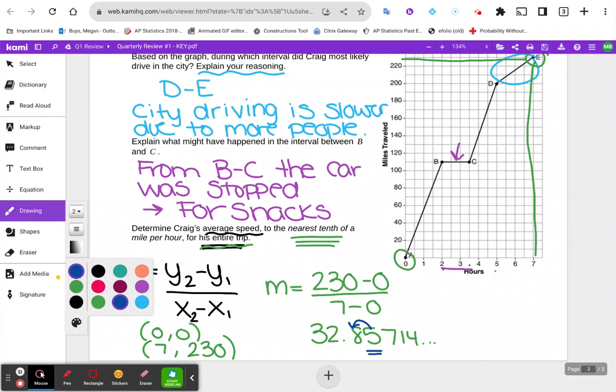So when you're thinking about how many zeros, there should be only 1 decimal place. So this is 32.9, and I want to put the context in here. Whatever y was, miles per x is hours. So the average rate of change is 32.9 miles per hour, but that's how much they're traveling in that time.